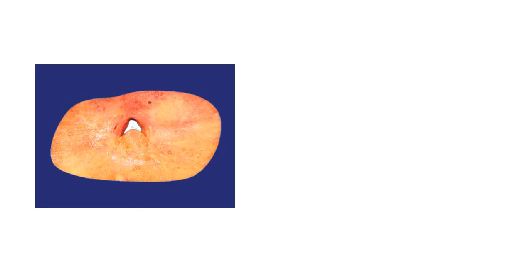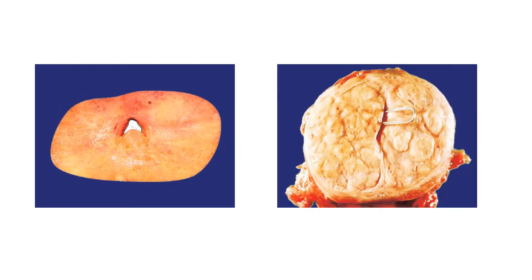There is no nodularity in this picture, while here this prostatic cut surface is showing lobulated appearance of the tissue, and the urethral aperture is converted into a slit-like aperture, and the surrounding lobulated or nodular tissue is forming a pseudocapsule due to compression on the surrounding tissue.